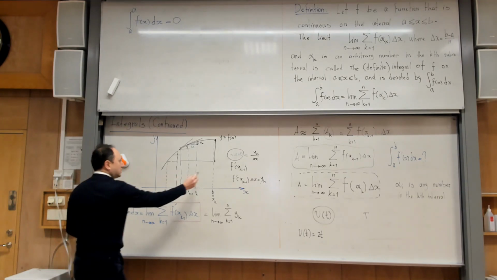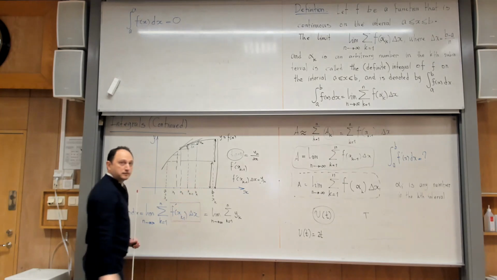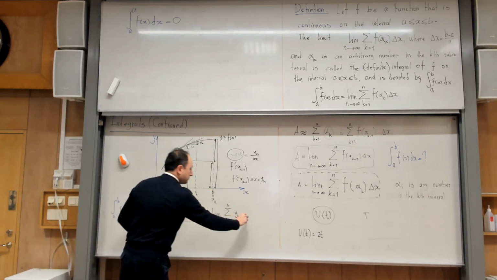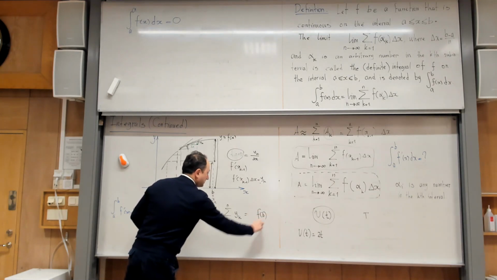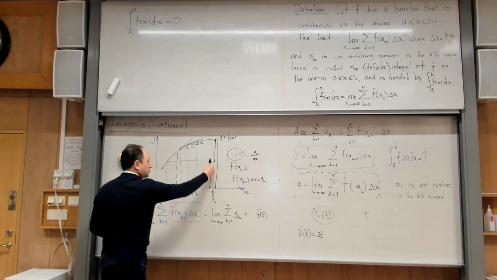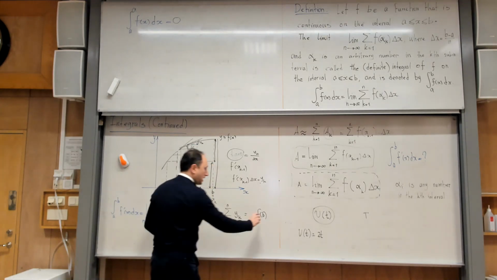This height is from here to here minus from here to here. From here to here is f of b. From here to here is f of a. So I calculate the difference.